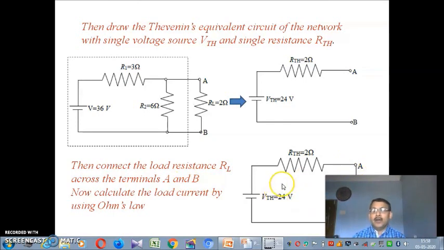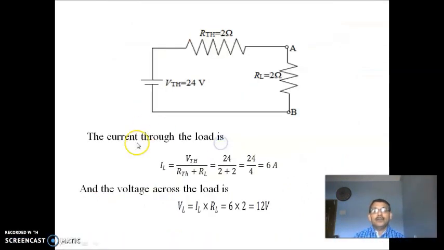This is the load circuit. Then it becomes a very simple circuit, and I can calculate the current through this resistance and the voltage across A and B. The current through the load resistance will be 6 ampere, and the voltage across the load resistance will be 12 volt.